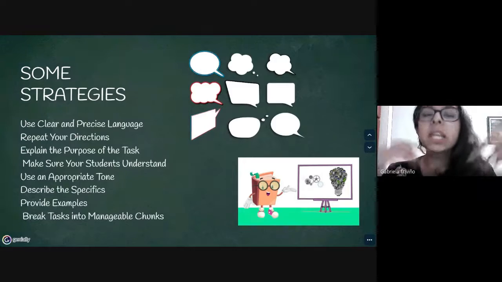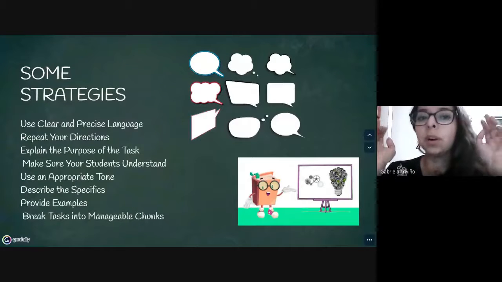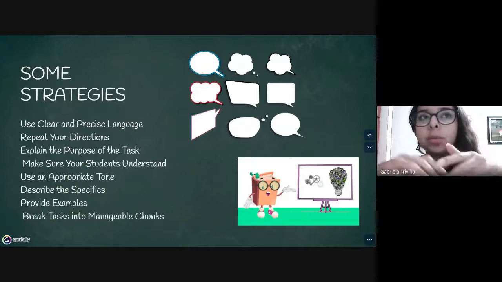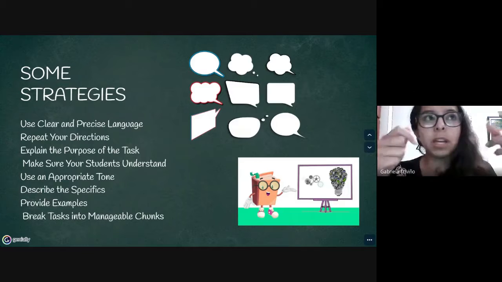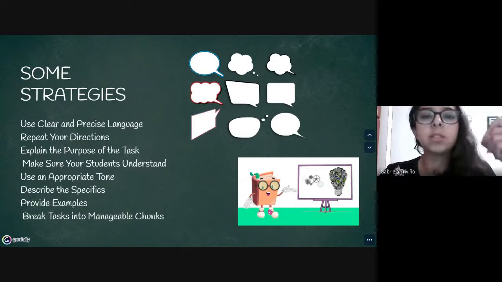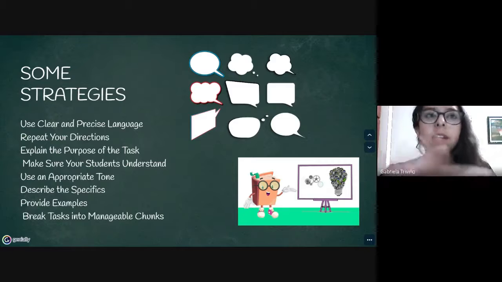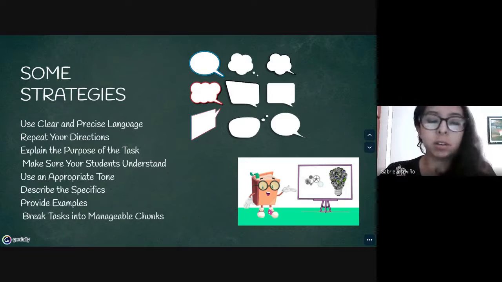Maybe they can do what you ask, like, okay, do this worksheet, and they finish the worksheet. But if you didn't provide examples of how to answer the questions, you're going to have different results from what you really wanted them to do.